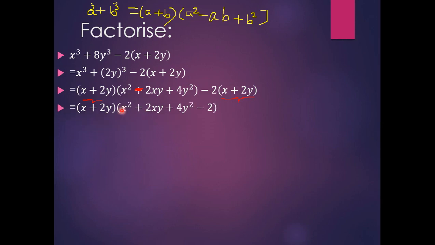Now x plus 2y is common from this and from this, and after you take out the common factor, what is left here is x square minus 2xy plus y square, so here it is not plus, here it is minus.